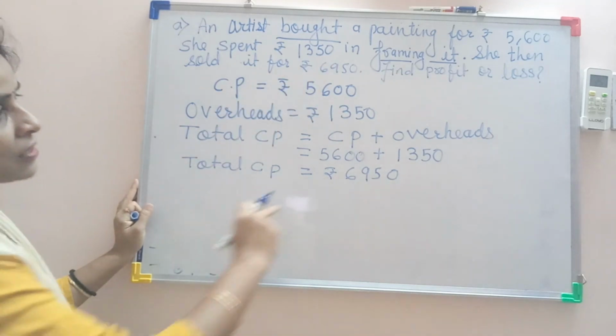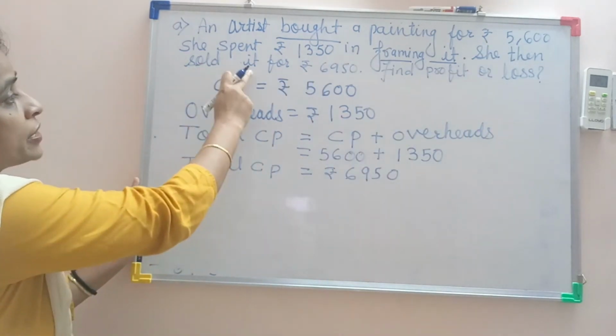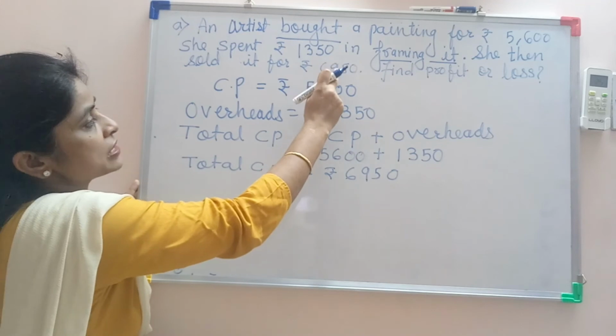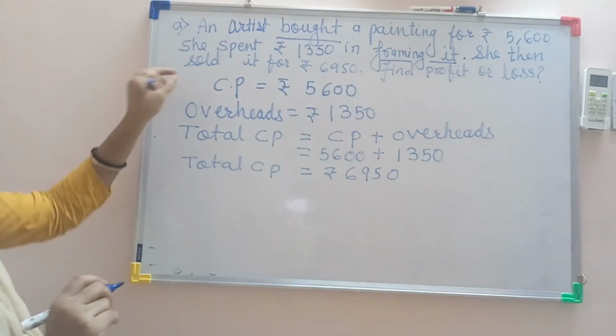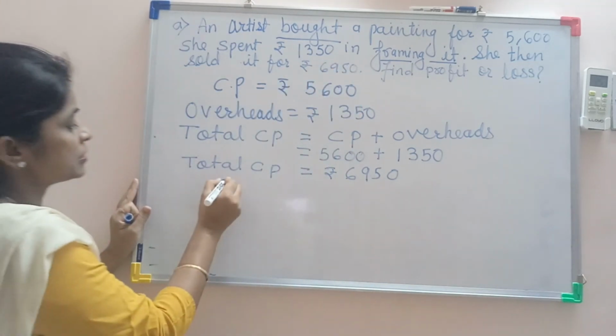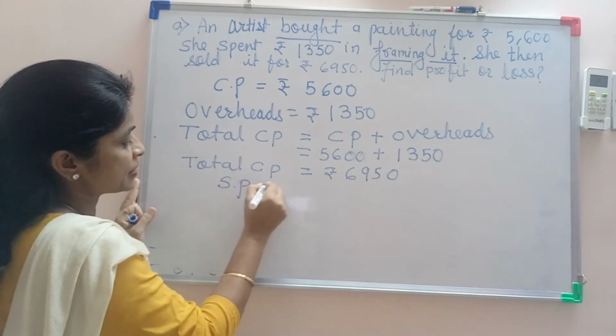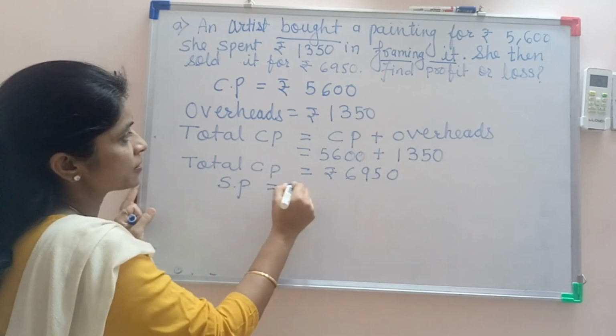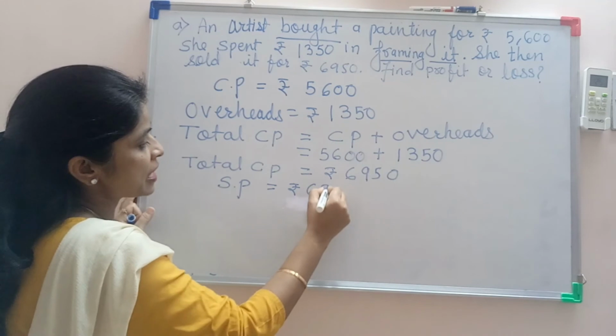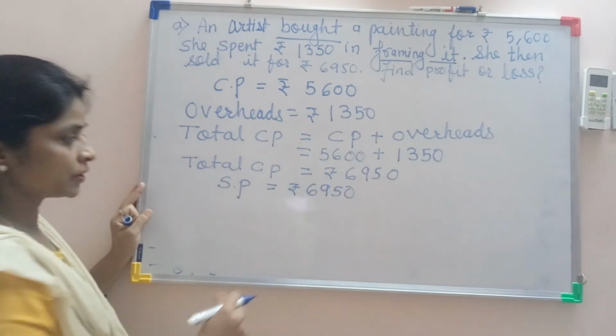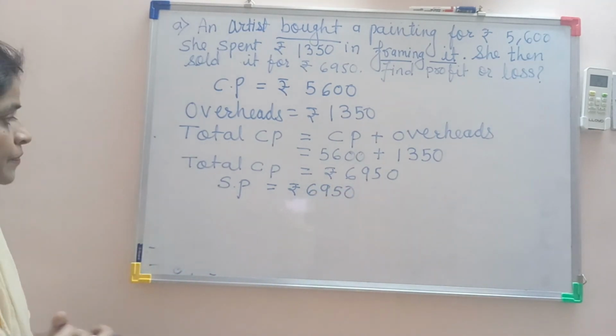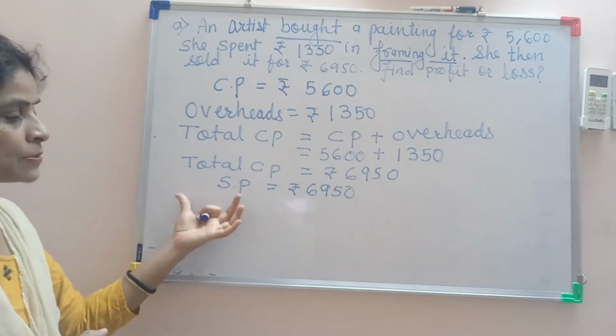Now what is the next? She then sold it for rupees 6,950. Here sold is nothing but the selling price of the painting, that is rupees 6,950. Now we will compare here total CP and SP.